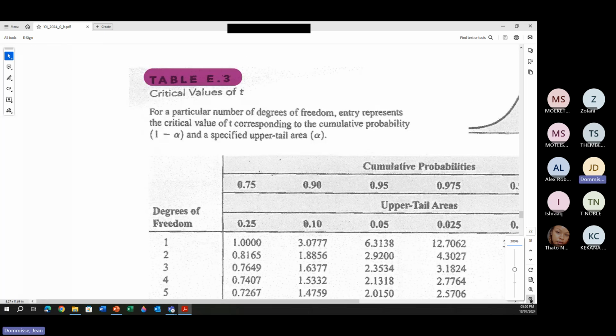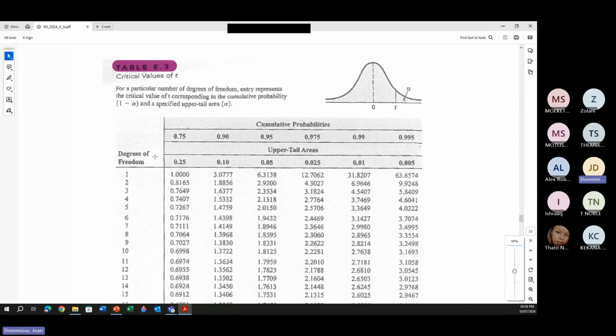Here you can see that they talk about that area as your alpha. So that is for the alphas that they can give you: the 1%, the 5%, the 90%.